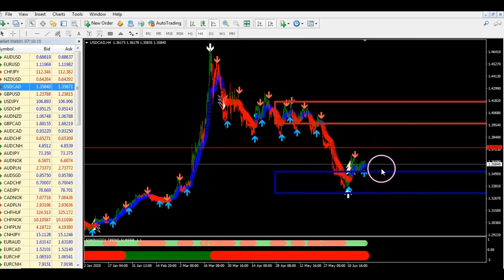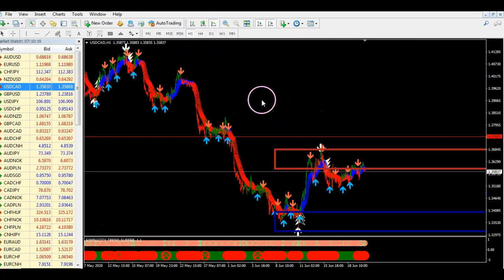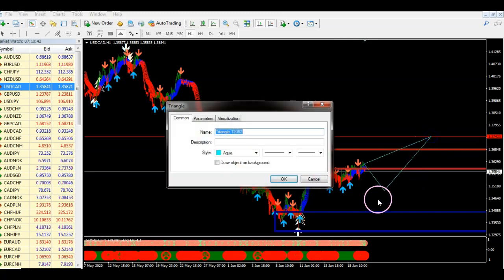Okay, we're looking for buys, obviously, in the USD/CAD. We go to the 1 hour, and what I believe can happen is maybe around the 50% area, and then go up again around this area at least.